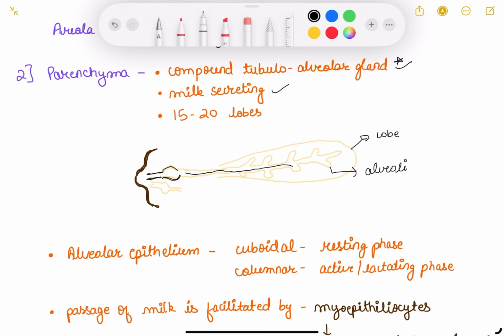This is our lactiferous sinus. Here the milk is going to be stored, and these are our lactiferous ducts, which are also 15 to 20 in number.